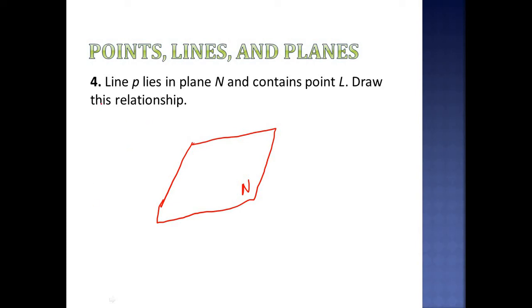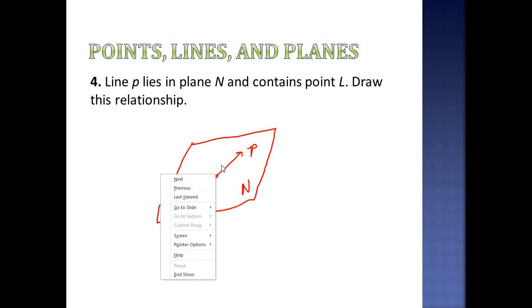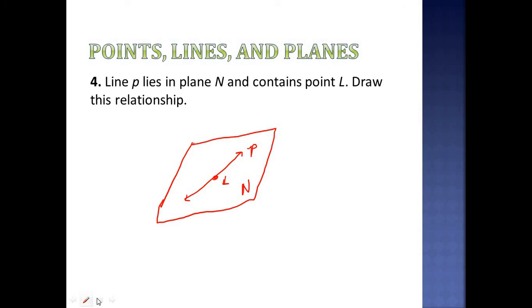And it contains line P, right? Line P lies in plane N. So here's our line, and that's going to be line P. And line P contains point L. So point L is on that line P there. And that's that relationship there. Again, not the greatest drawing. I'm not, but you get the gist of that.